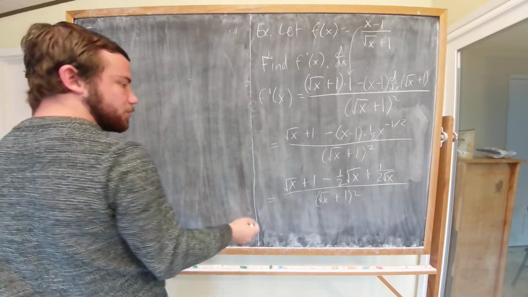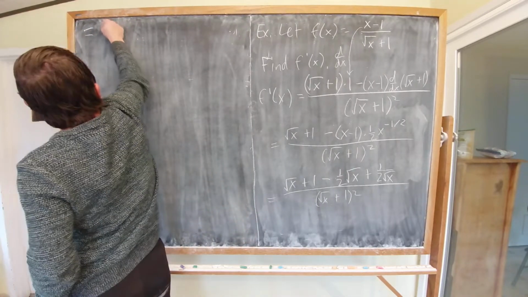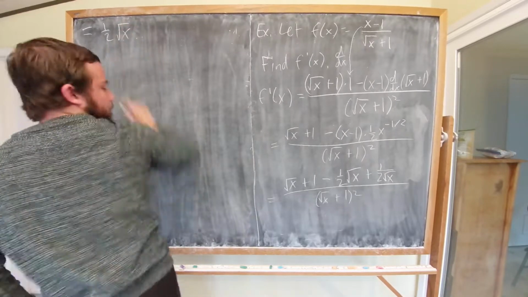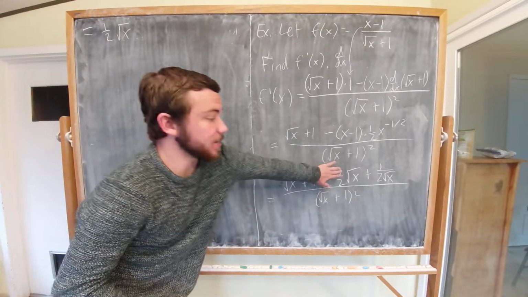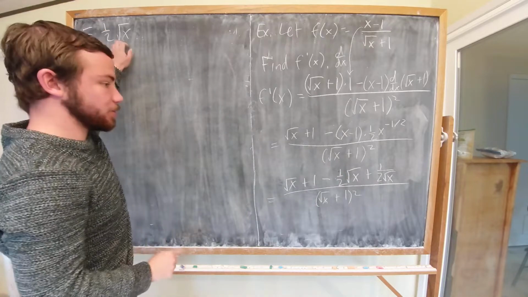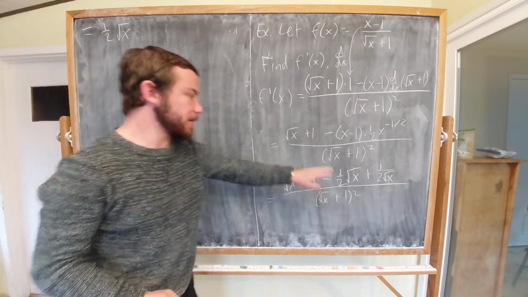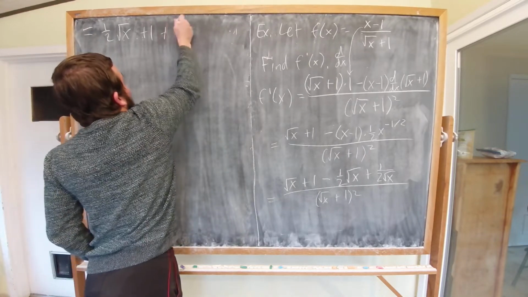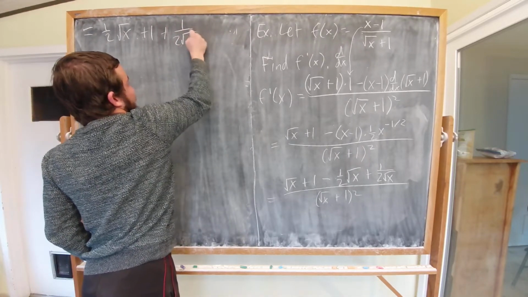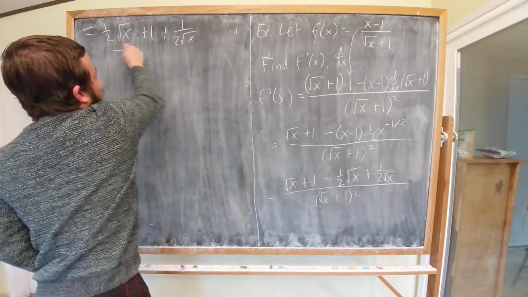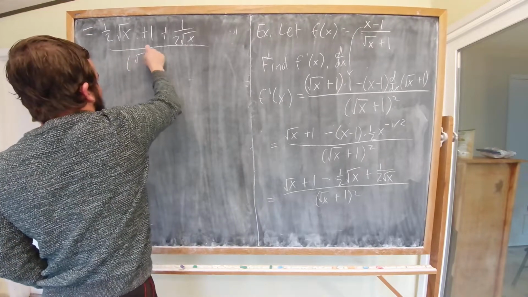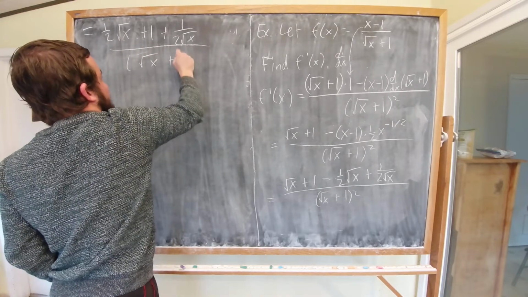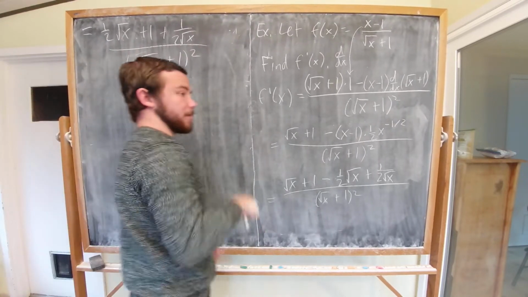And this is equal to 1/2 times the square root of x. We have a 1 square root of x minus 1/2 square root of x, so we're left with just 1/2 square root of x plus 1 plus 1 divided by 2 times the square root of x. All divided by the square root of x plus 1 all squared.